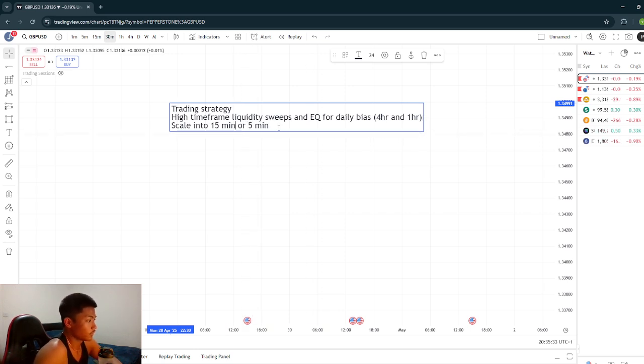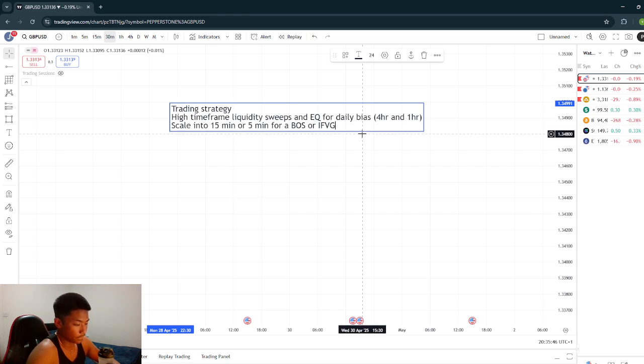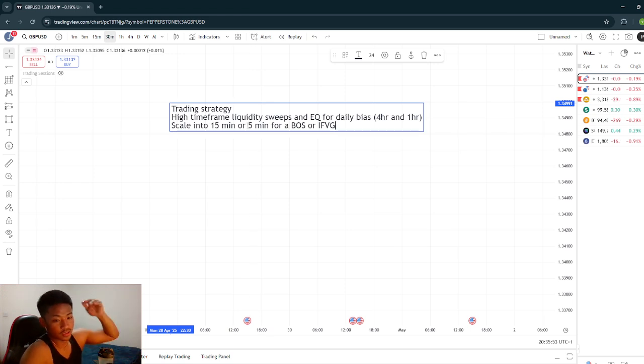Scale to 15 minute or 5 minute for a break of structure or inverse fair value gap. Okay, simple. When I say liquidity sweep, when we say a liquidity sweep at the highs, we should be looking for shorts. Vice versa, liquidity sweep on the lows, we should be looking for longs.